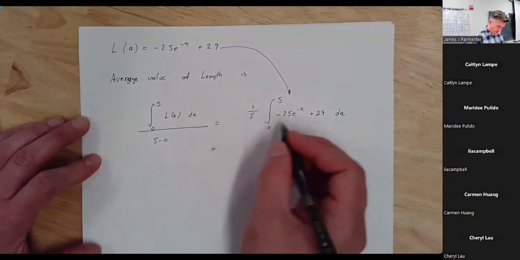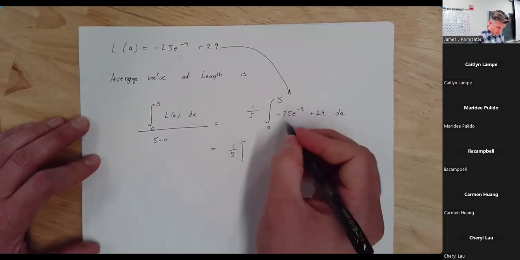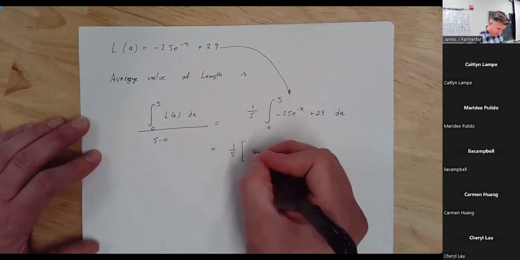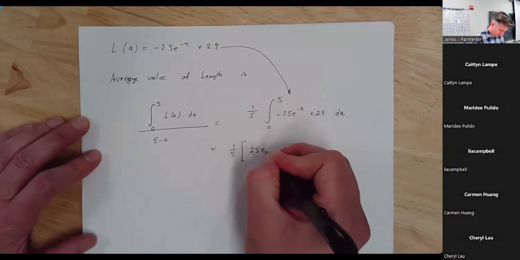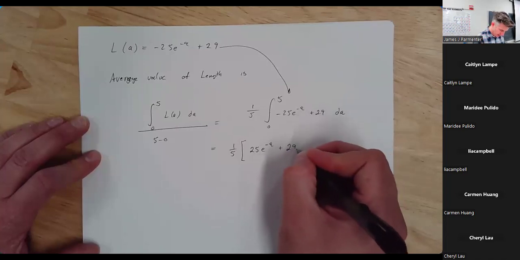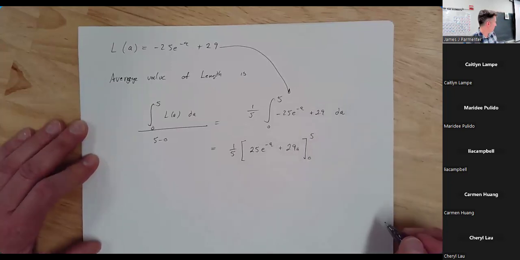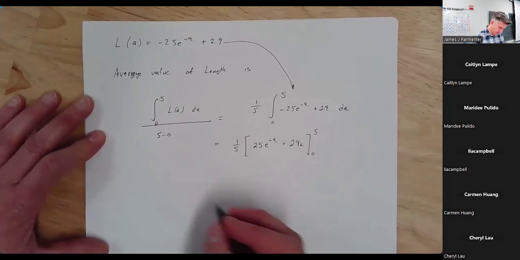So then we integrate this again. We get 1 over 5 times the integral of -25 e to the negative a, which is going to be +25 e to the negative a. And the antiderivative of 29 is going to be 29a from 0 to 5. And then we plug in, we get some not particularly lovely numbers.